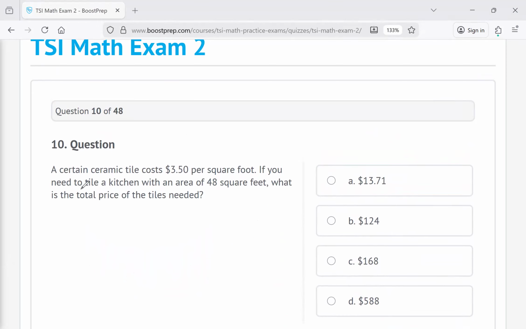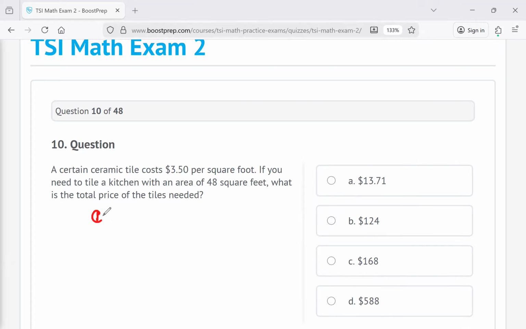A ceramic tile costs $3.50 per square foot. If you need to tile a kitchen whose area is 48 square feet, what is the total price of the tiles needed? You don't even have to draw the image. You just multiply the area of that place by the cost.